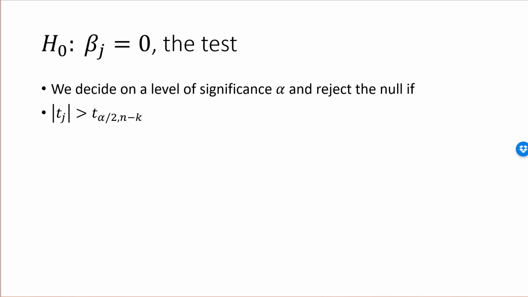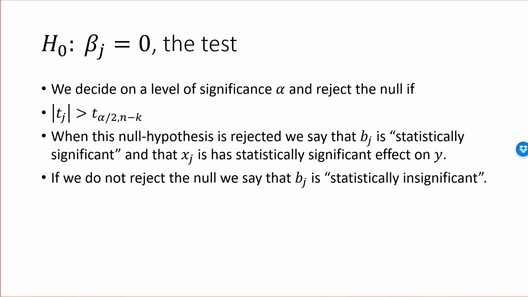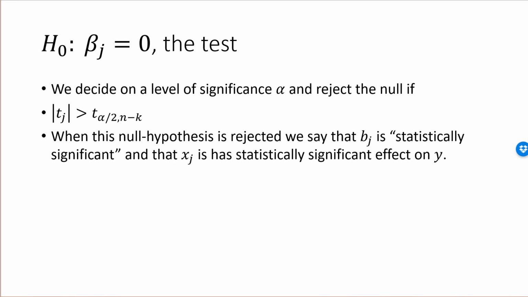So if our t-value after removing a possible minus sign is greater than this critical value, then we're in the tail and we should reject the null. If this doesn't happen, then we say that we do not reject the null. But if we do, we also say that bj is statistically significant, I meant to say, or significantly different from 0.